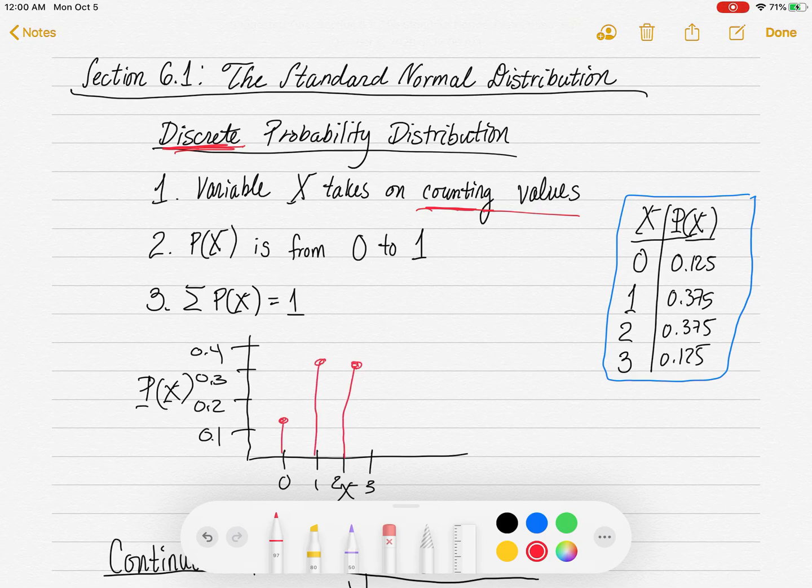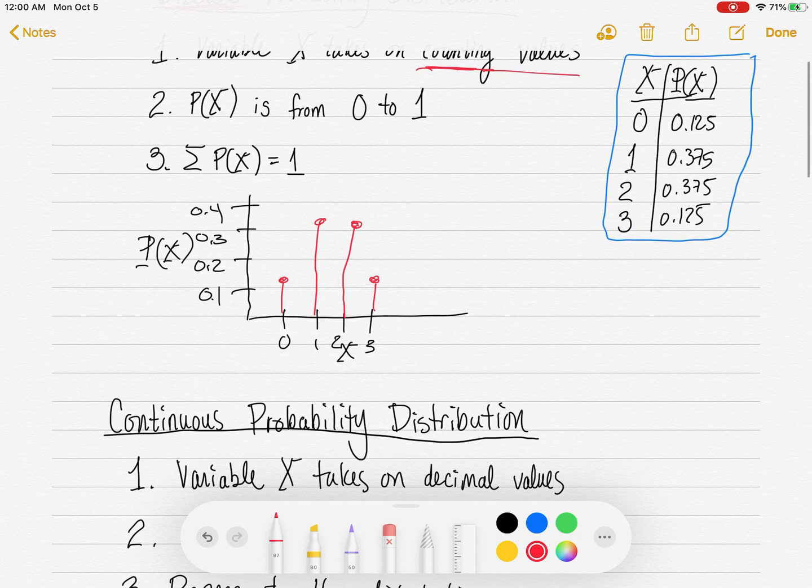Discretely meaning going 1 by 1 by 1 by 1. You've got these individual points here with the bars, or the sticks.